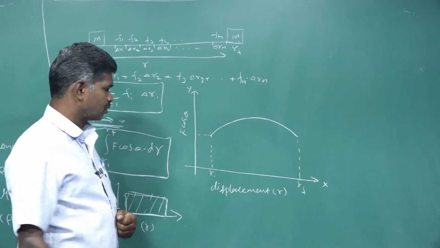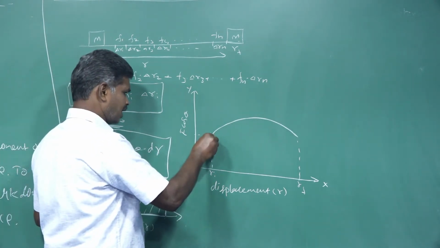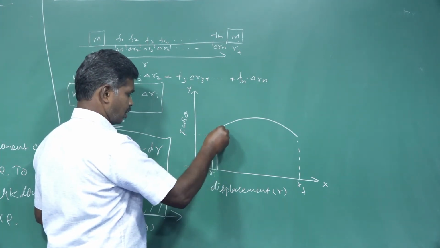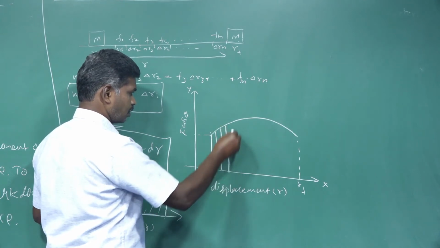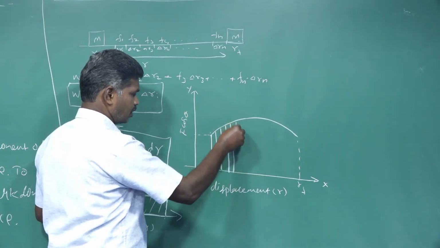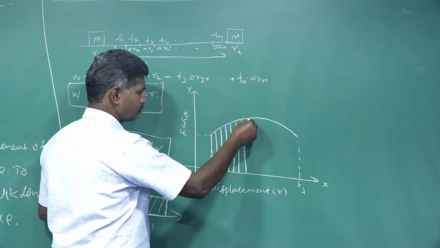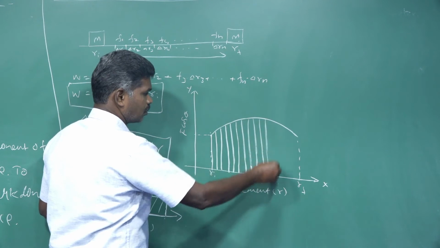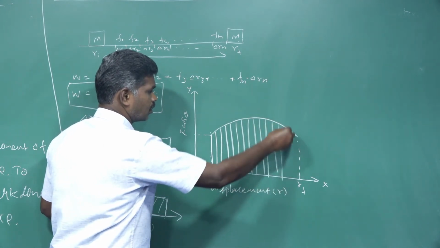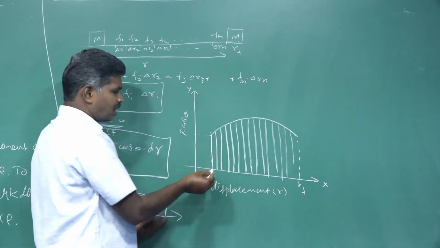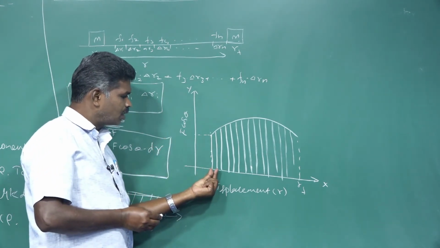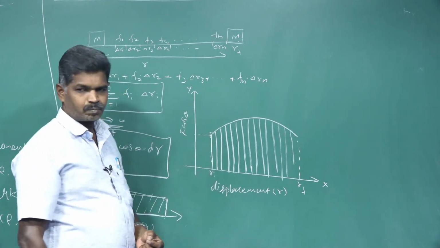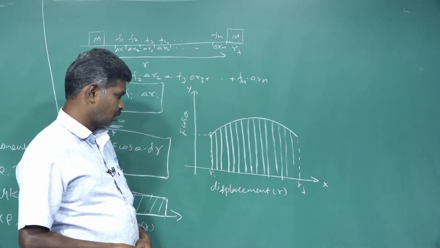For that purpose, this area is split into many rectangular shapes. For that, we draw lines like that, splitting at equal intervals. We consider that in each small interval of displacement, the force value is constant or almost constant.